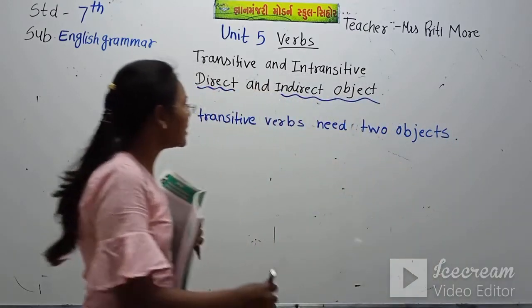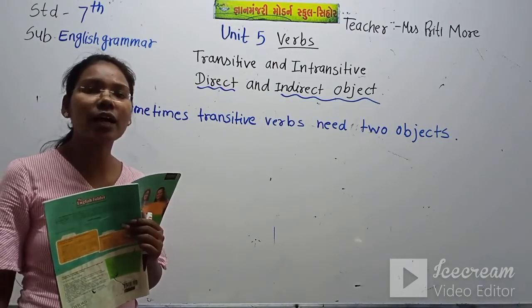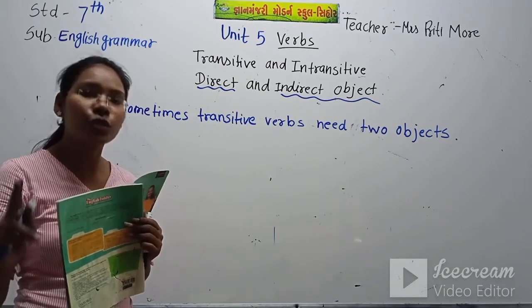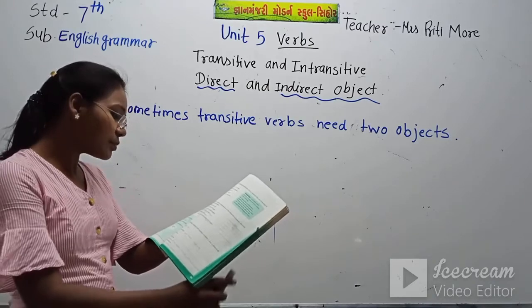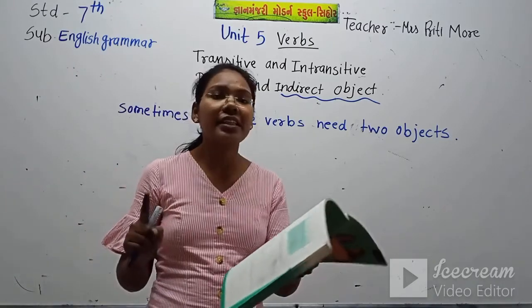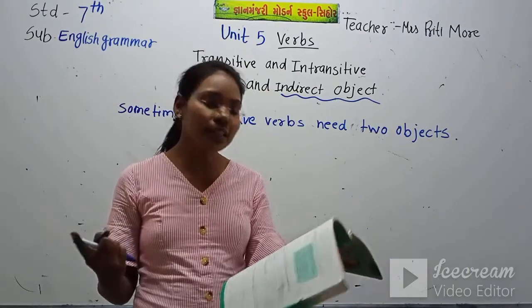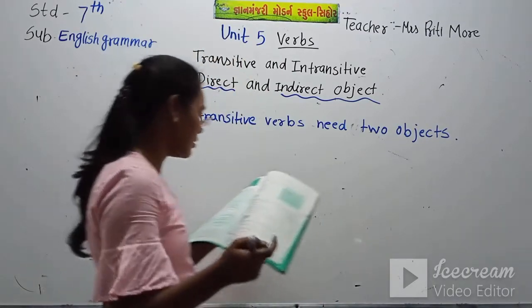We have seen the transitive verb always needs an object, but sometimes there is more than one object. That means sometimes they need two objects to complete their meaning. So in such a case there is one direct object and one indirect object.